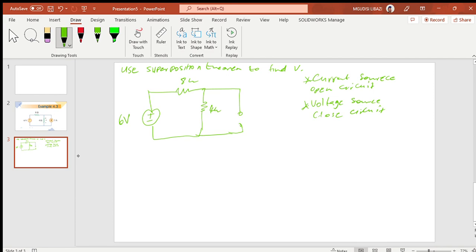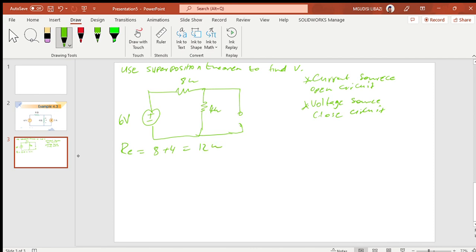If I'm using the current, I'm going to find R equivalent. These resistors are now in series, since that line there is removed, so it doesn't have any effect. So 8 and 4 are in series. I'm going to have 8 plus 4, which gives me 12 ohms.